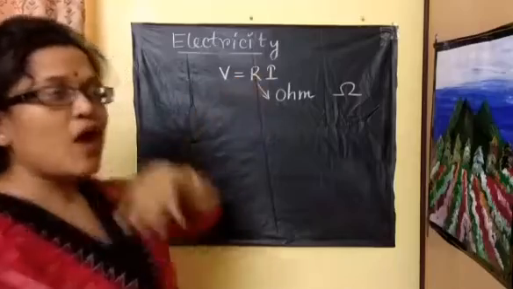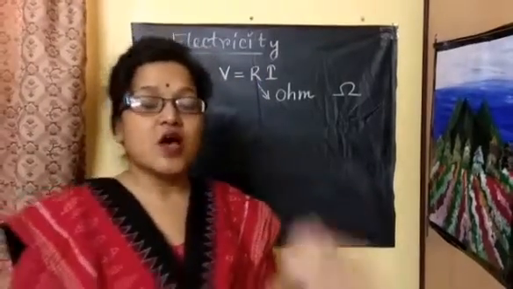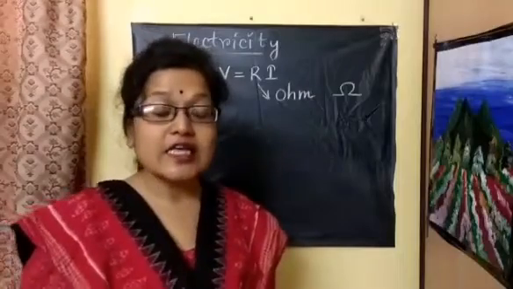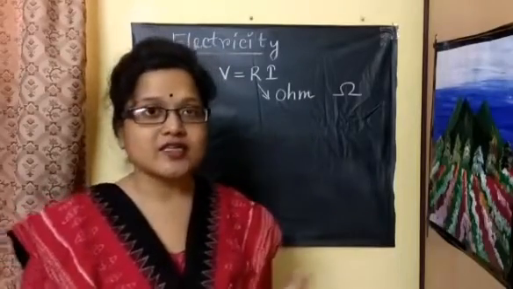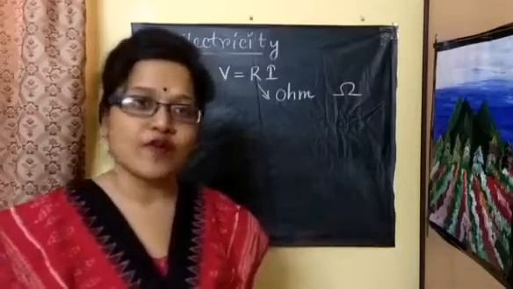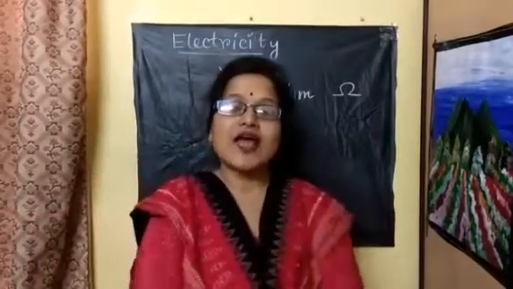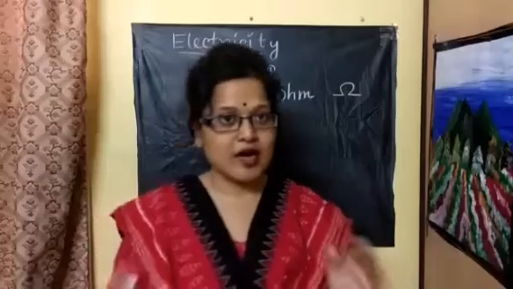Means the amount of current flow depends on how much resistance is offered by the conductor. If it is a very good conductor, then the resistance, the opposing force offered by the conductor, is very less, means free electrons can easily flow through the conductor. Clear?